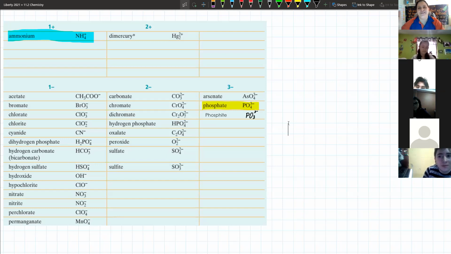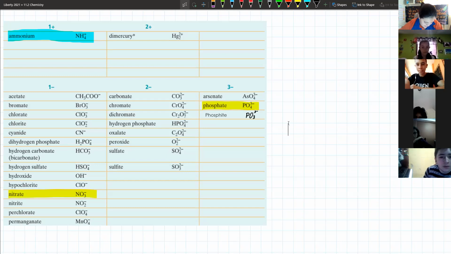Okay, so nitrate is here. And for the second column, oxalate. I heard two, oxalate and peroxide. Which one do you choose?